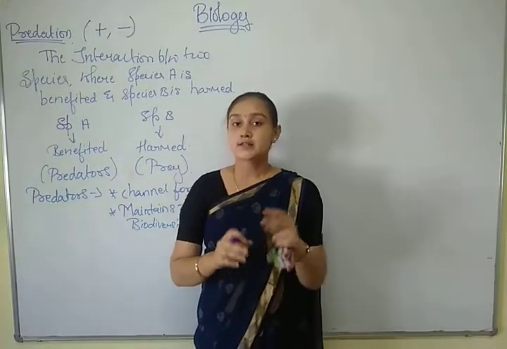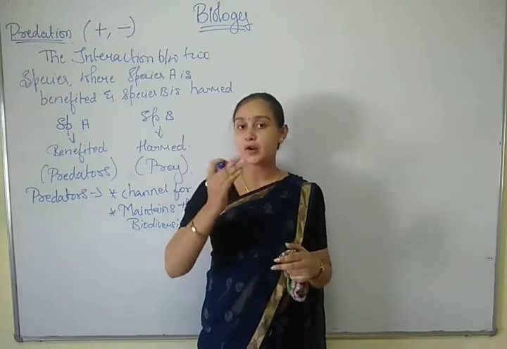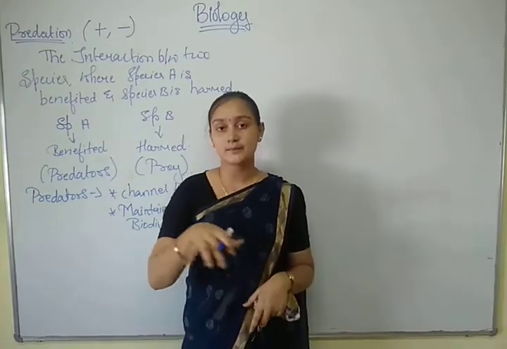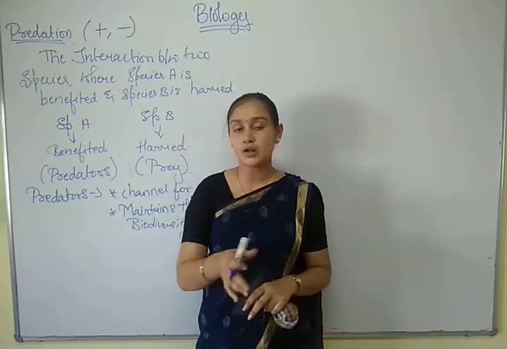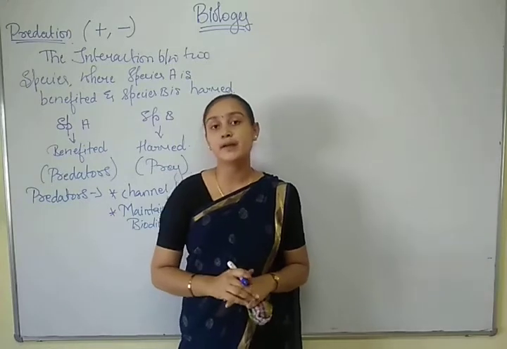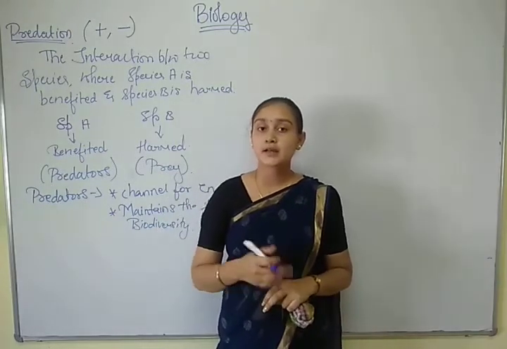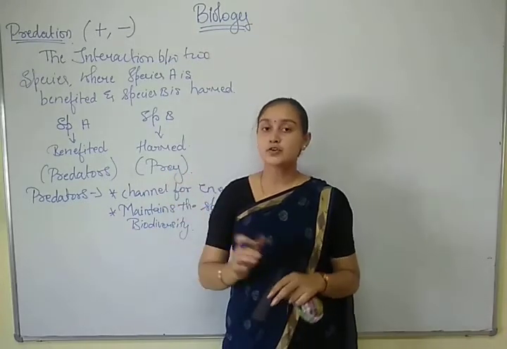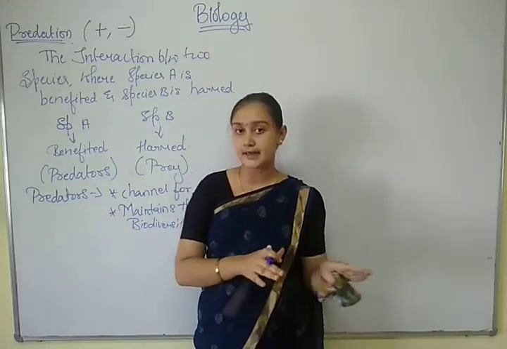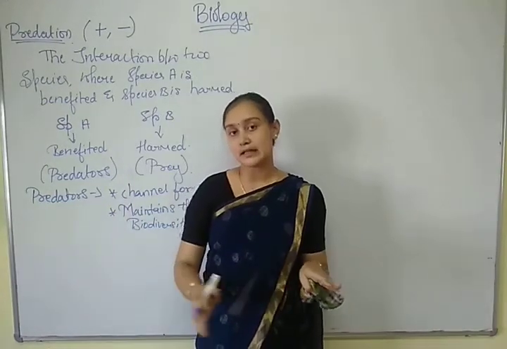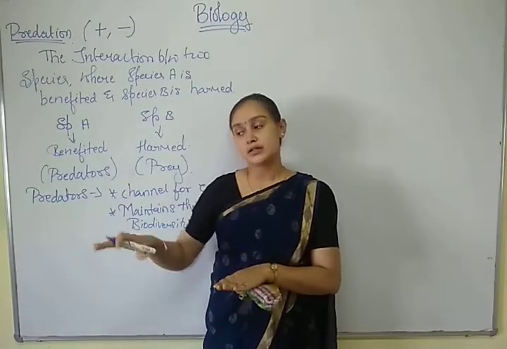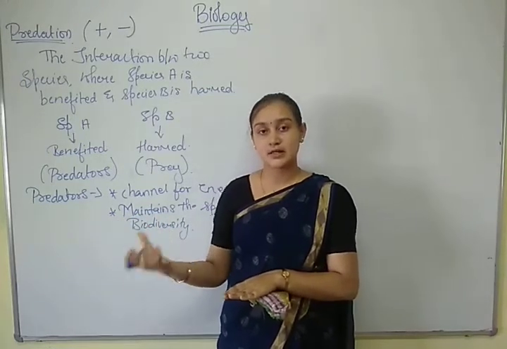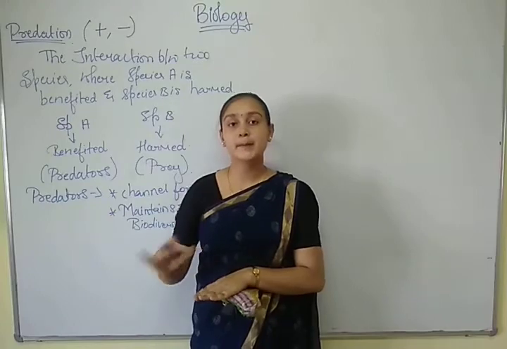Now suppose the number of deer increases, then all the grassland and all the plants could be consumed by the deer. So to maintain the balance, the predator eats the deer so that the number of plants can be maintained.